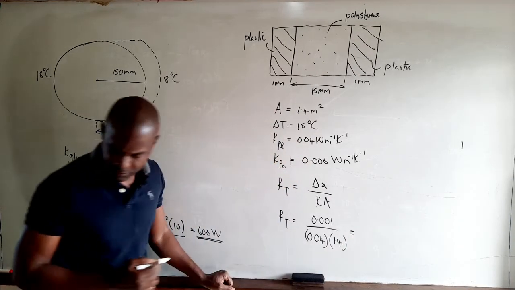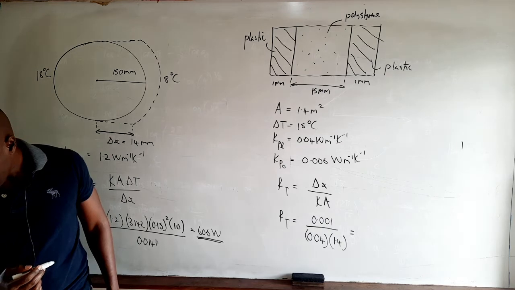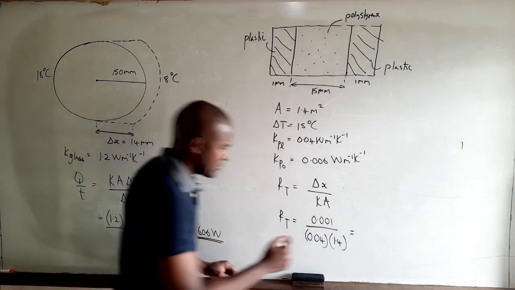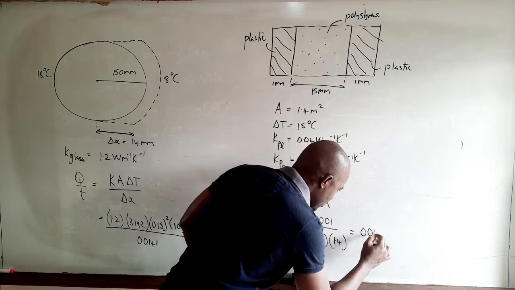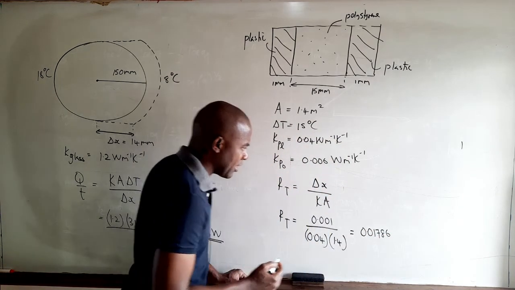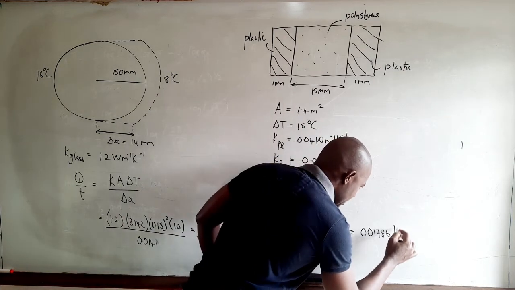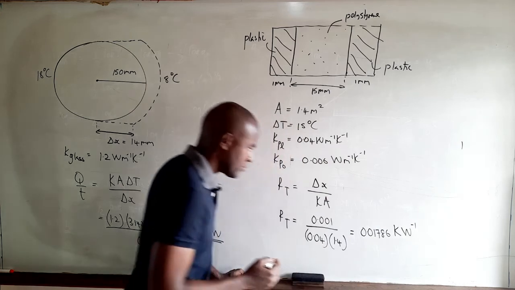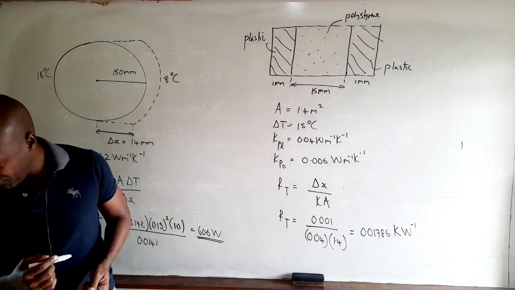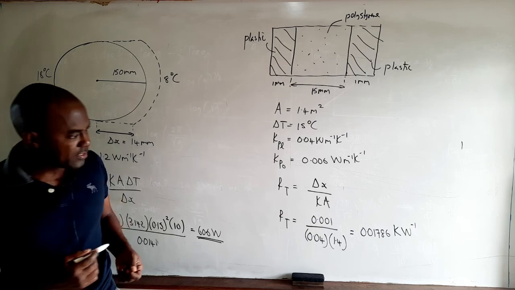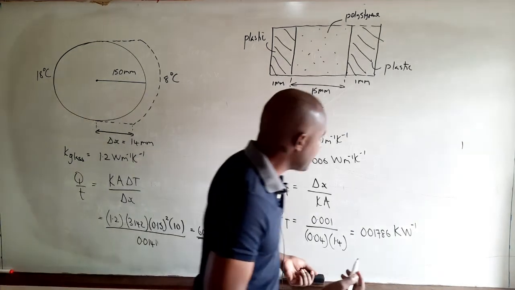And this will give us approximately 0.01786, and the units of course are Kelvin per watt.